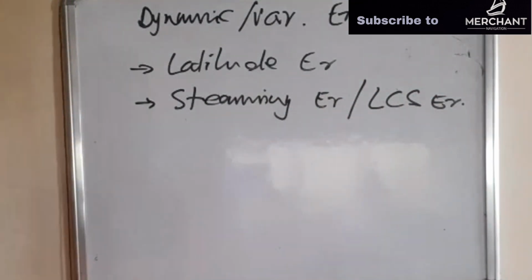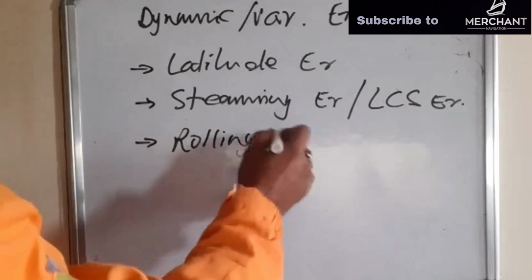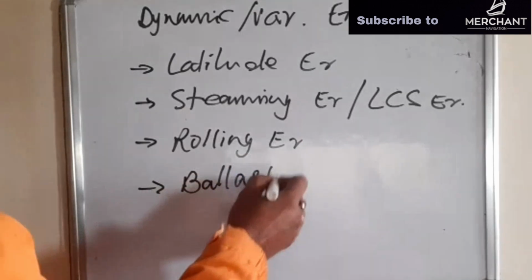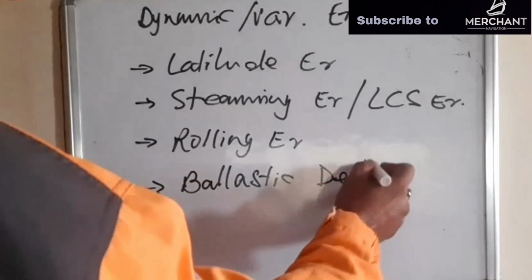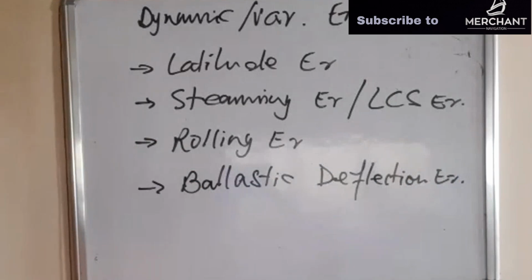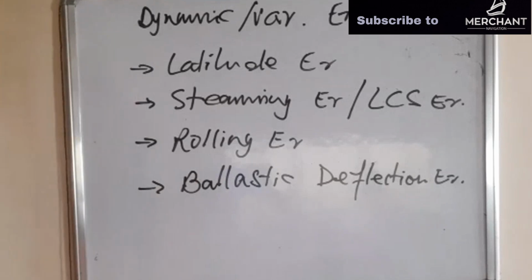We will see why. What is LCS? We have rolling error. We have ballistic deflection. There are a few others, but we will not go into that, which is basically byproduct of ballistic deflection only. So mainly 4 types of error is what we are going to talk about.